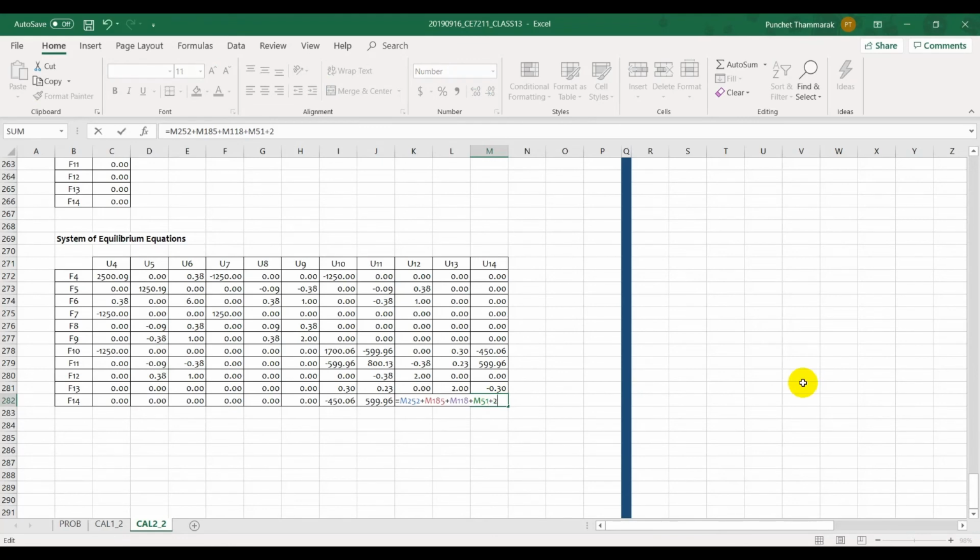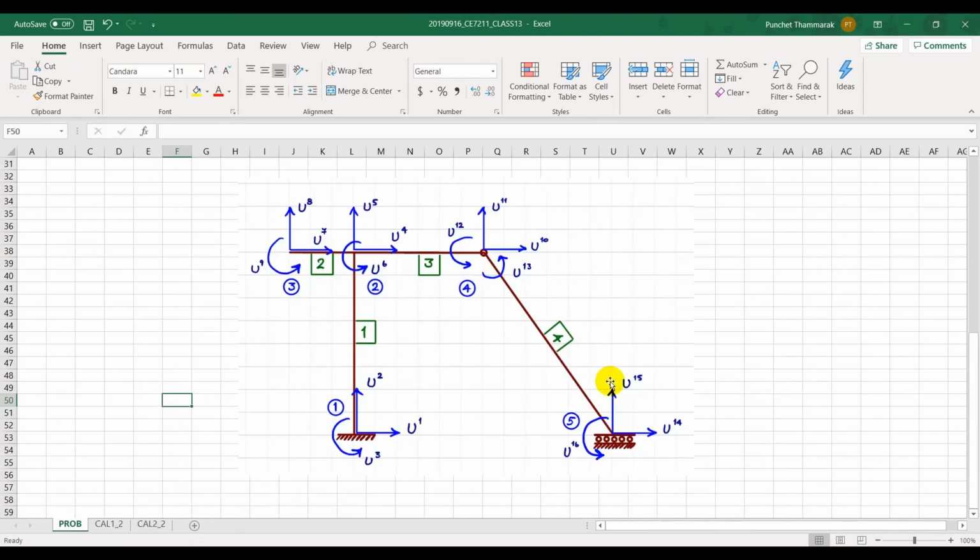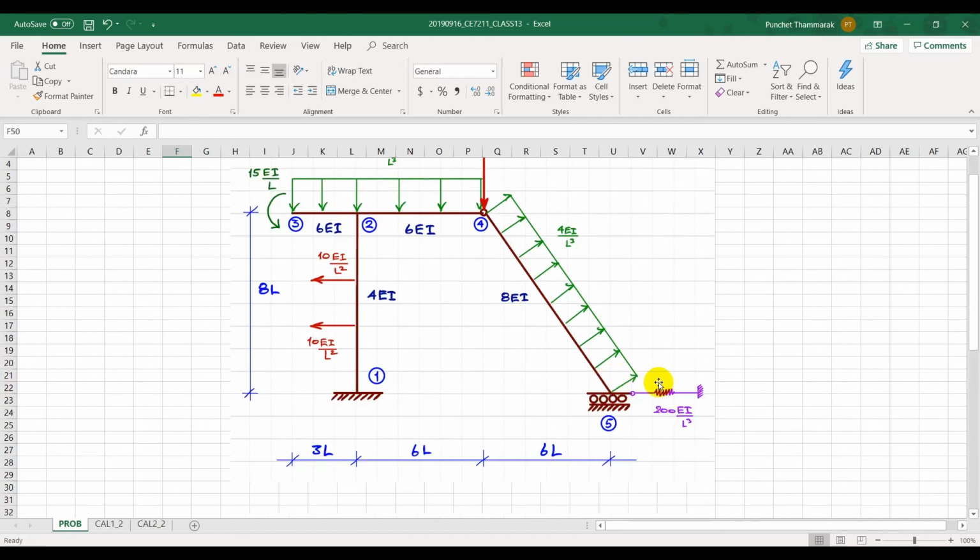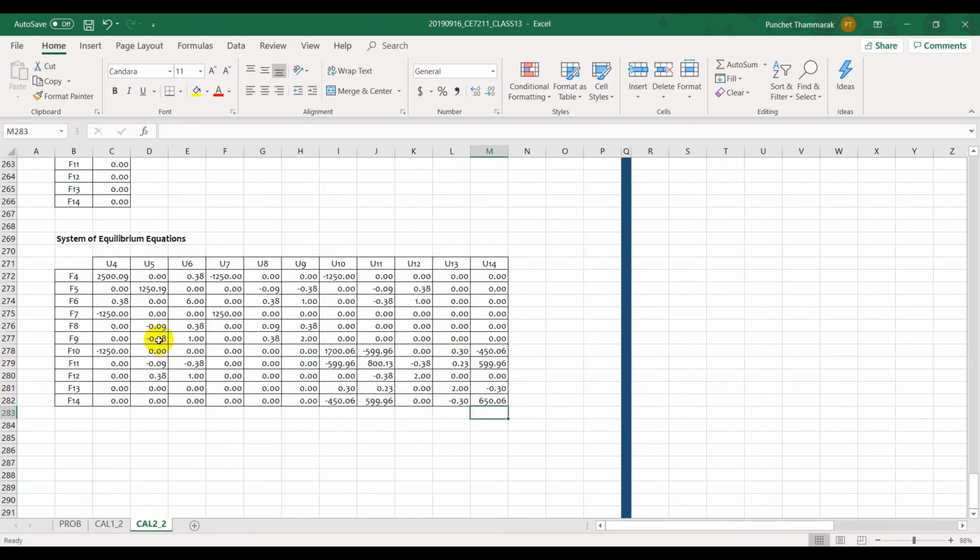We have to add 200 in there in order to incorporate this translational spring into the overall stiffness.